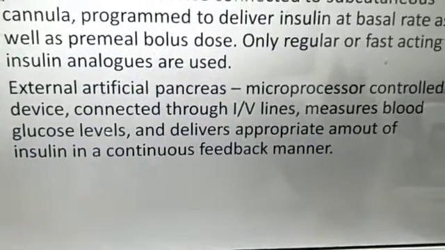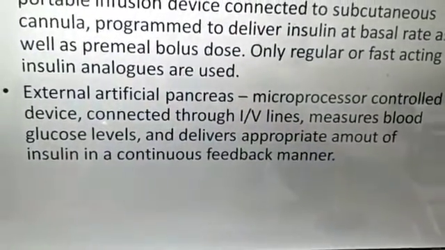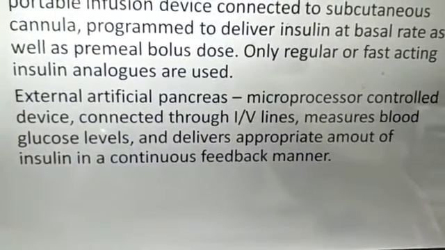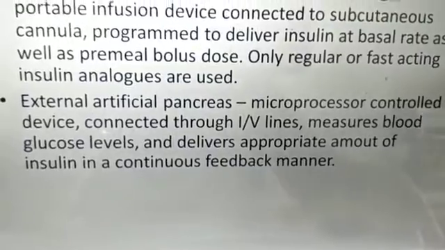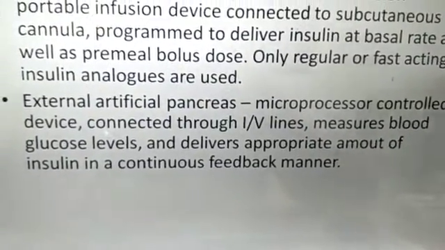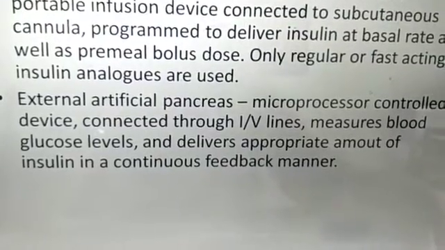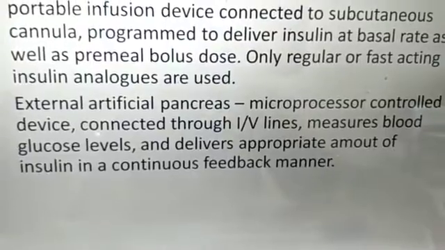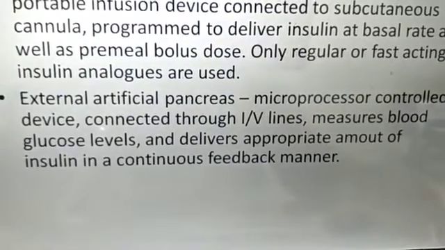So it is behaving exactly like the pancreas, but it is artificial and lies outside the body. The device lies outside the body. It has access to the blood through IV lines. It continuously measures blood glucose and gives appropriate amount of insulin.